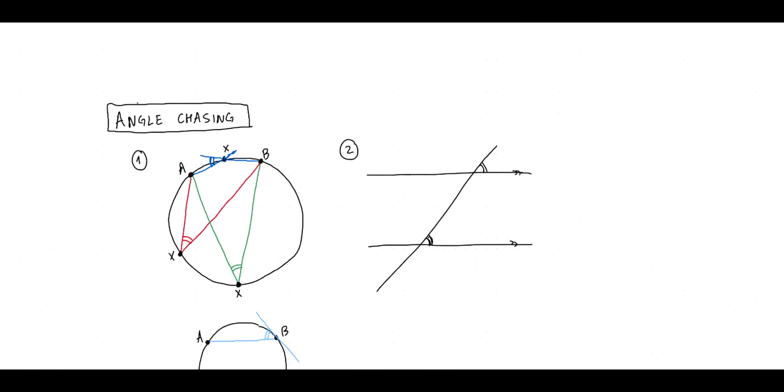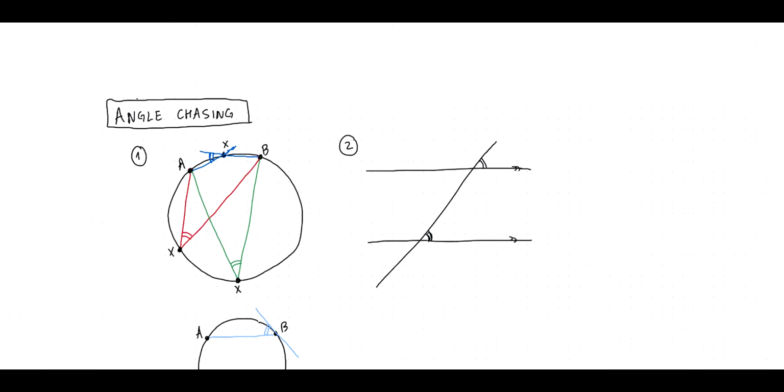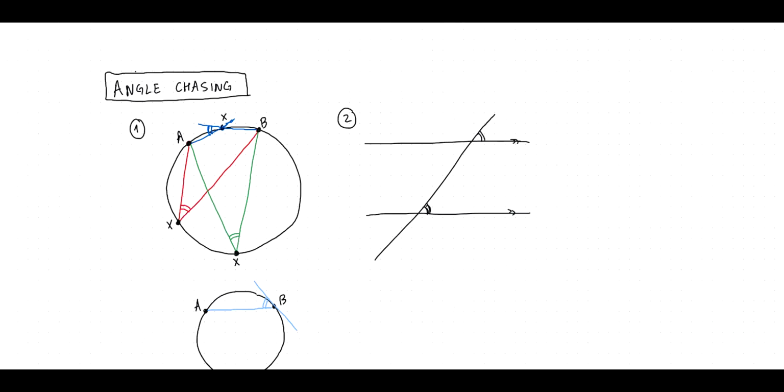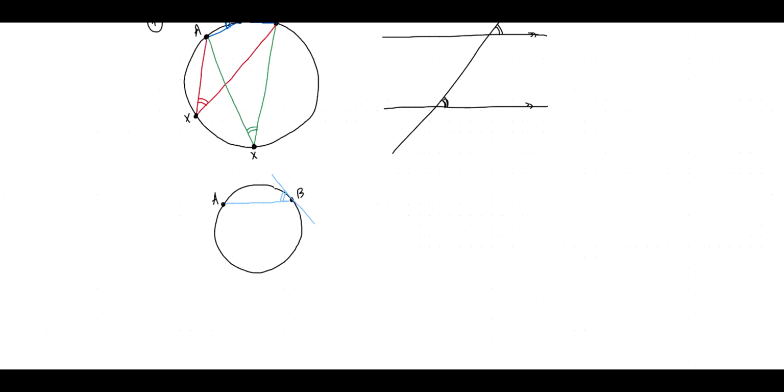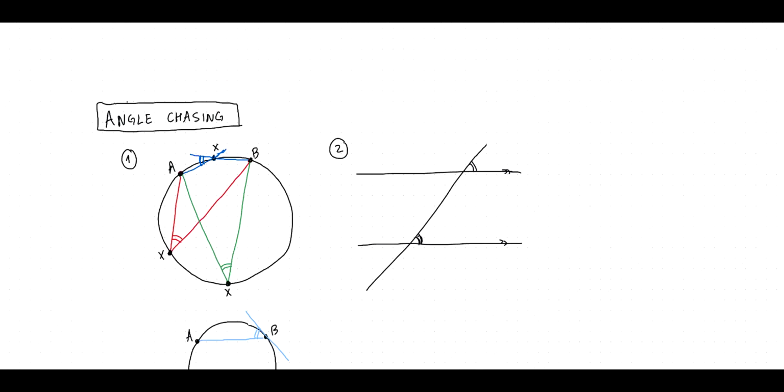So this is the fundamental fact of angles in circles. Together with the simpler fact about parallel lines, this sets the basic principles of angle chasing. So let's now start solving some problems.